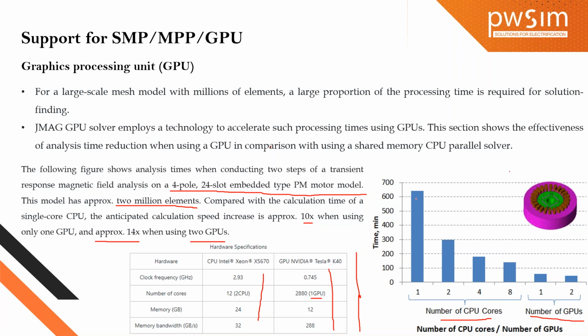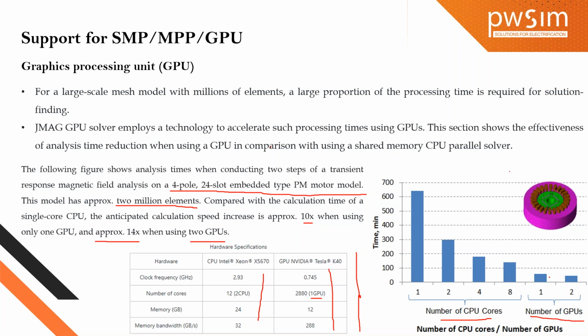Say for example, for one core, it took almost 650 minutes, and for two cores, it took around 300 minutes. For four cores, it took almost 170, and for eight cores, it took almost 150. But compared to these CPU cores, if you use one GPU, the time taken for a solution will be only around 50 minutes, compared to 650.